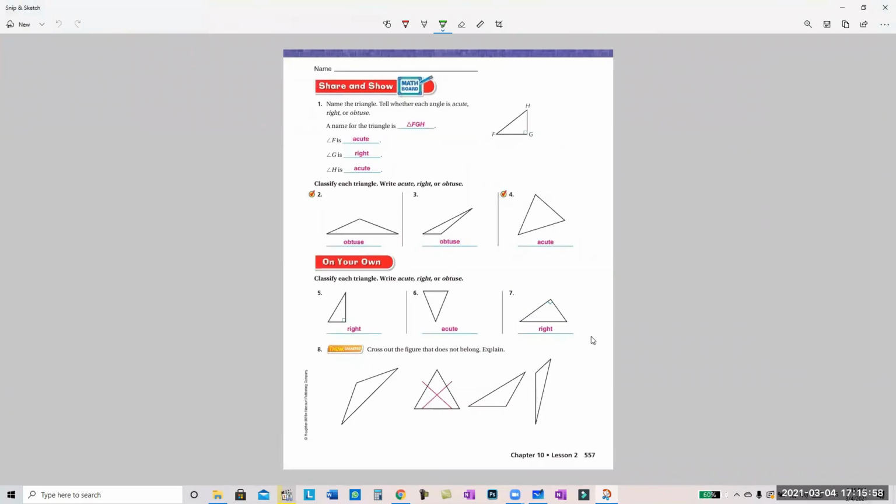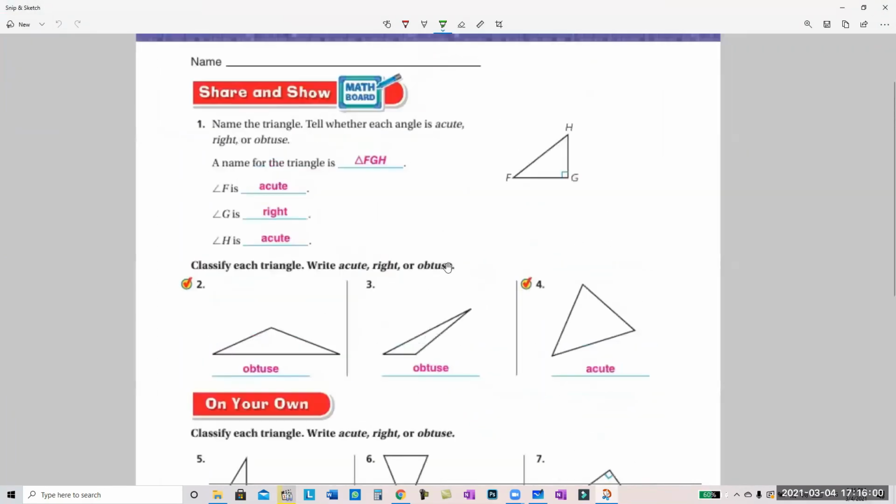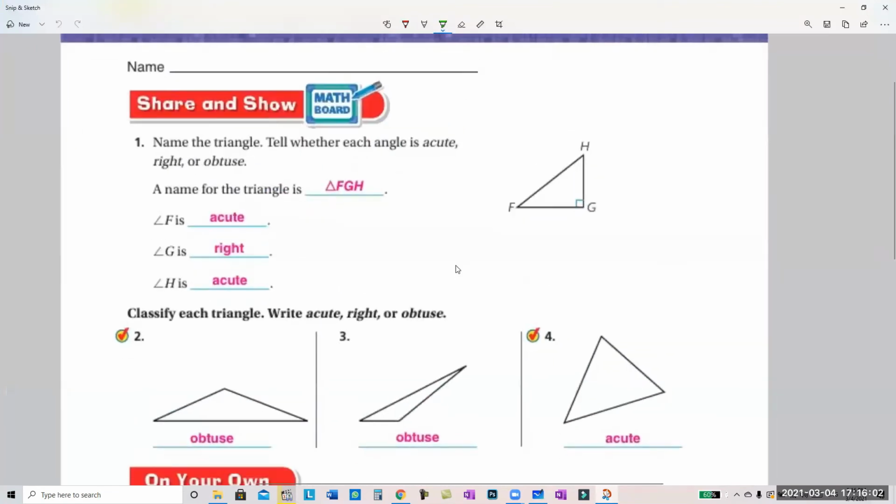Page 557. Okay, write this and then I'll explain.